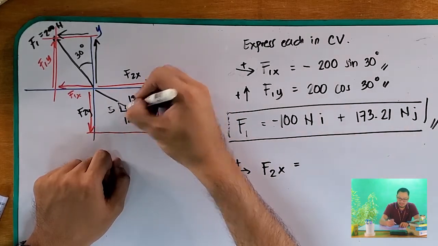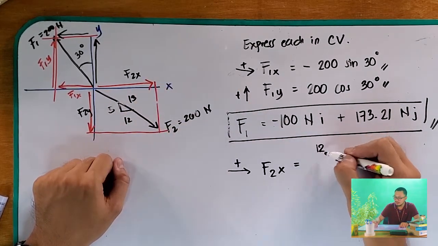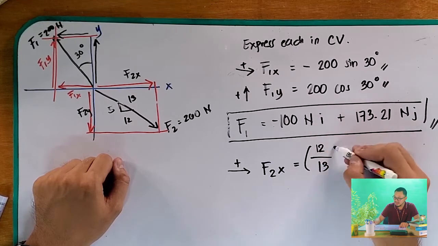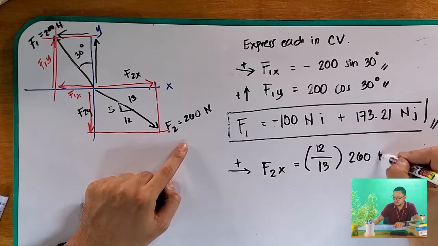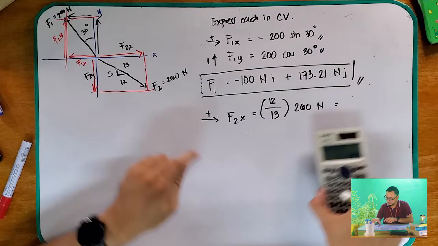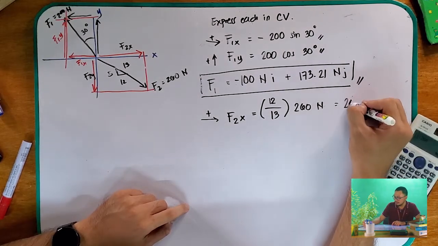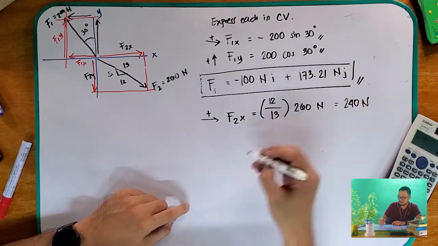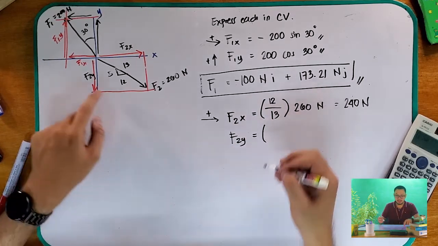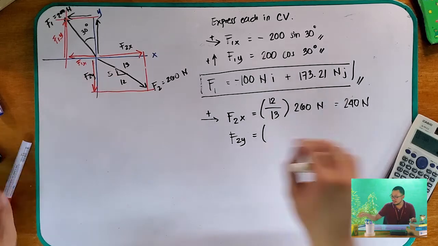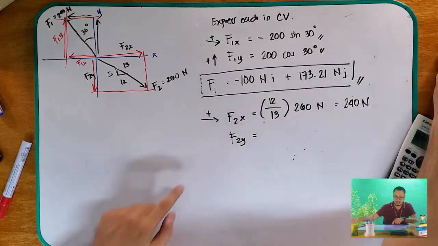So, ato pangitaon ang horizontal. So, 12 over 13 times ang imong force of 260 newtons. So, this is 240 newtons. And your F2y is equal to, so vertical, and take note that this is going down.